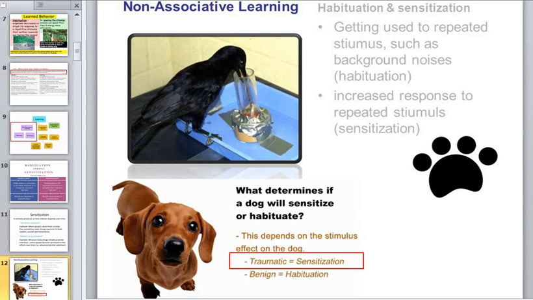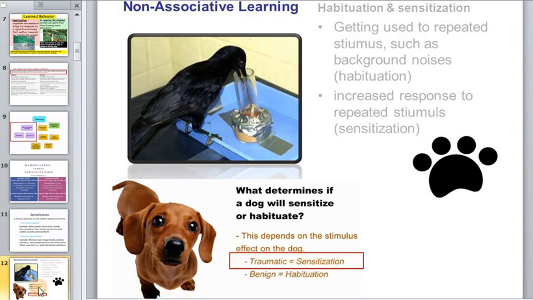Such examples can be found for animals too. Here we see this like a traumatic sensitization, and here we see the example for the dog, but for all animals it can be. And here we see increased response to a repeated stimulus. This is sensitization, and very often it can be traumatic.